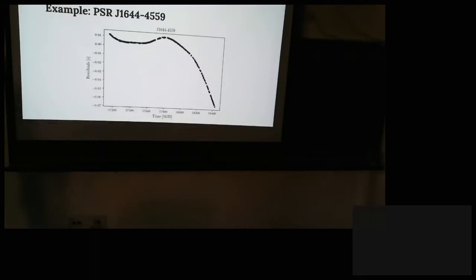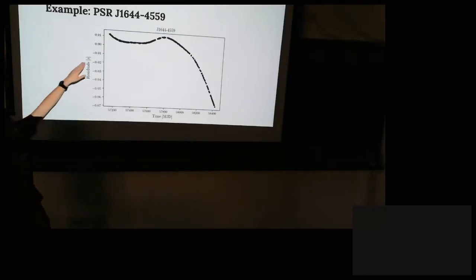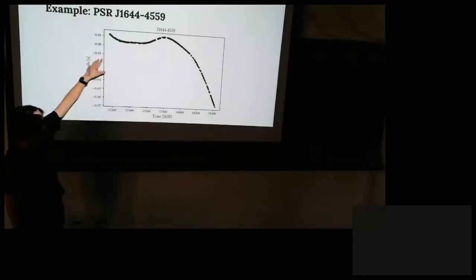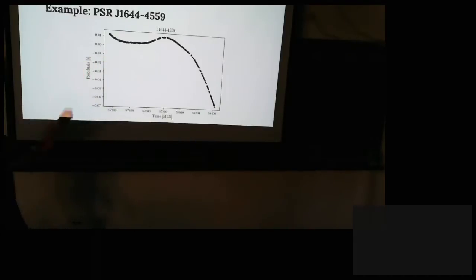So the timing residuals are dominated by this red process. I don't remember exactly what the spin period of the pulsar is, but the actual variation due to this red noise process spans multiple pulse periods.